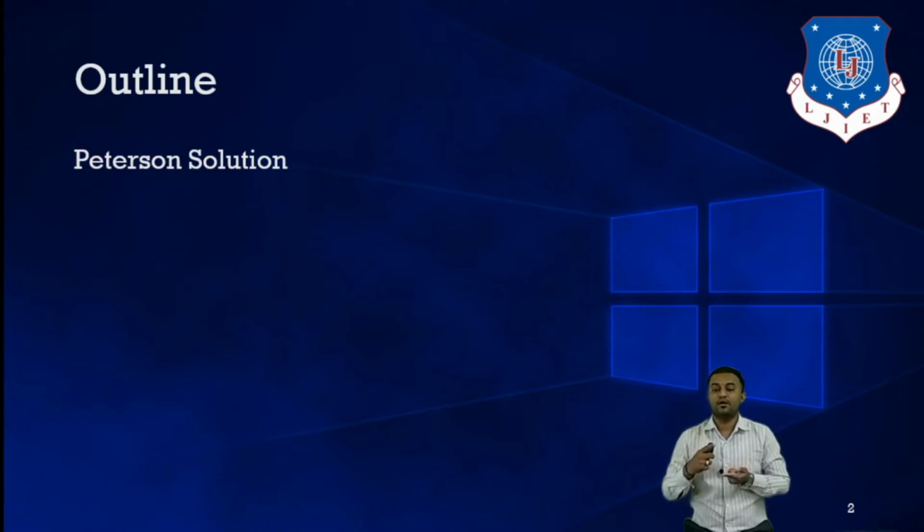If you achieve that, it's well and good. If you are not able to achieve it, it's not an issue. But mutual exclusion and progress need to be achieved anyhow. Then only that solution would be considered a valid solution in process synchronization.